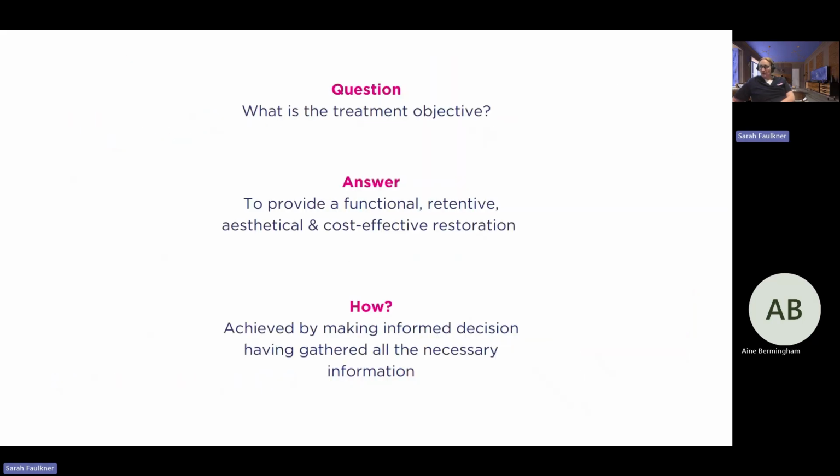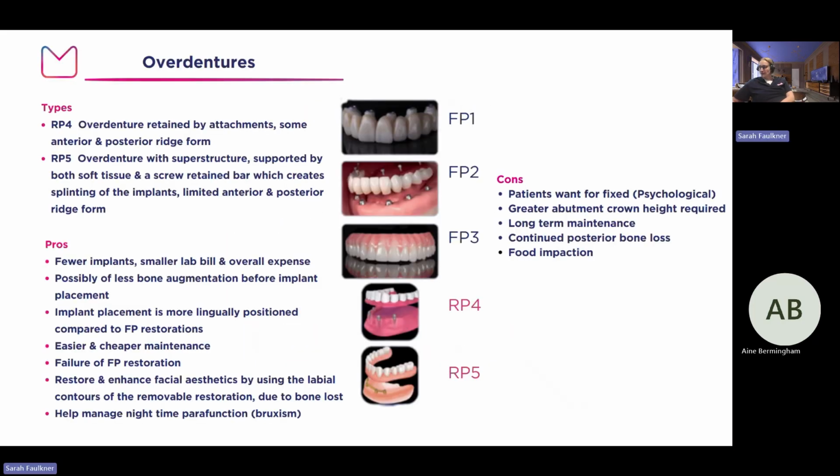So the question we need to ask ourselves: what is the treatment objective that we're heading out to accomplish? The answer basically is to provide a functional, retentive, aesthetic, and cost-effective restoration. We are going to acknowledge the different types of overdentures there are. There are two main categories.